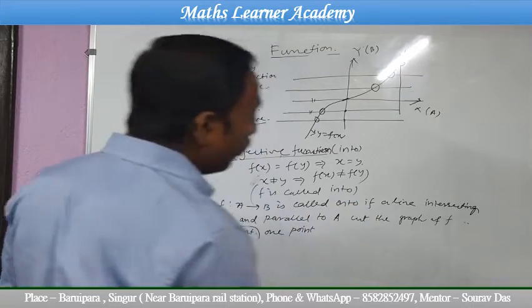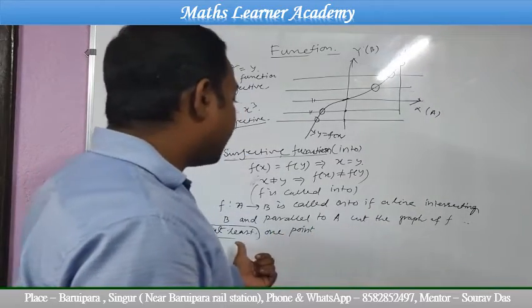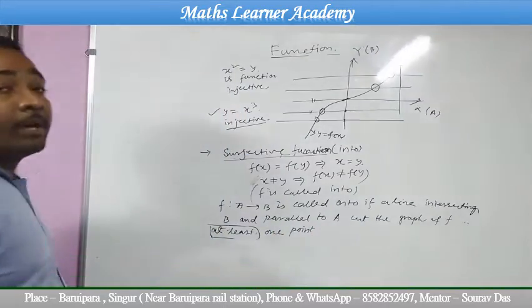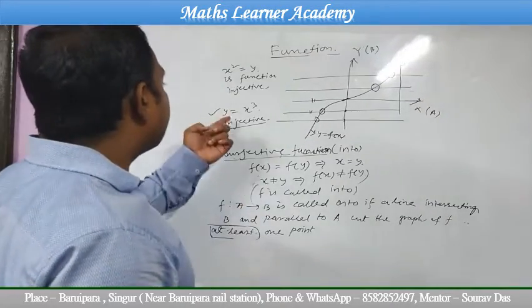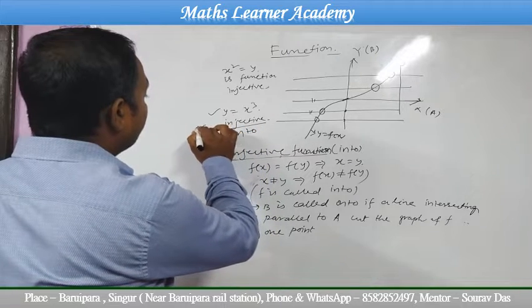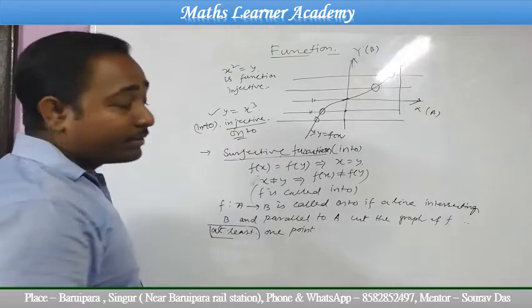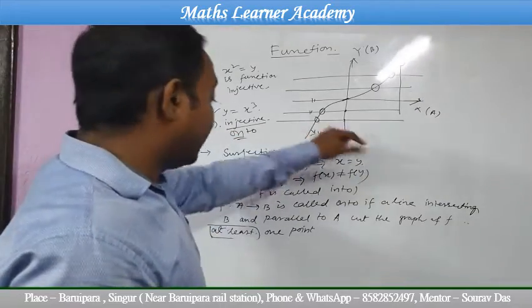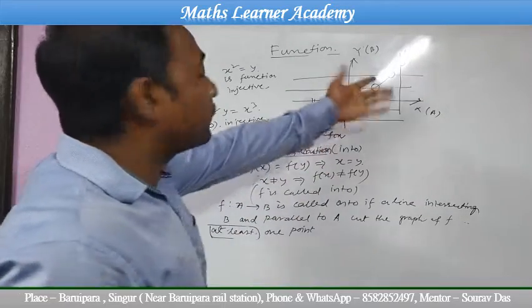The function is called an onto function if a line intersecting B parallel to A cuts the graph at least 1 point, right? At least 1 point. So according to the definition, this graph will be onto. This is injective or into as well as onto, because this line cuts the graph at least 1 point.